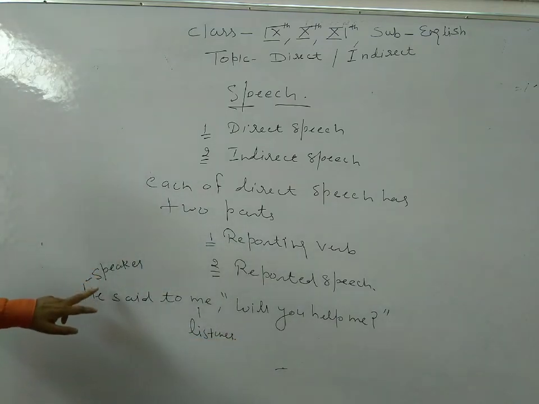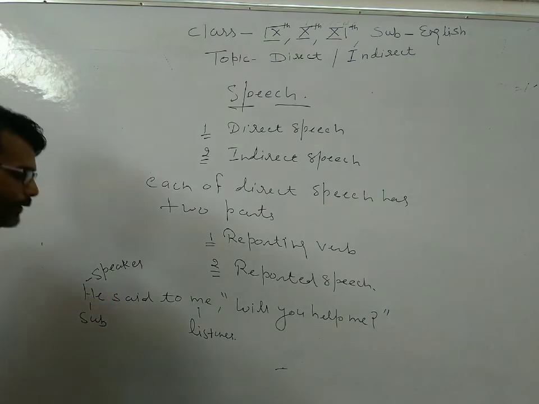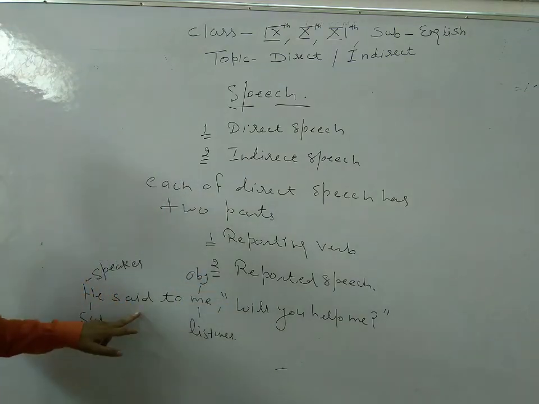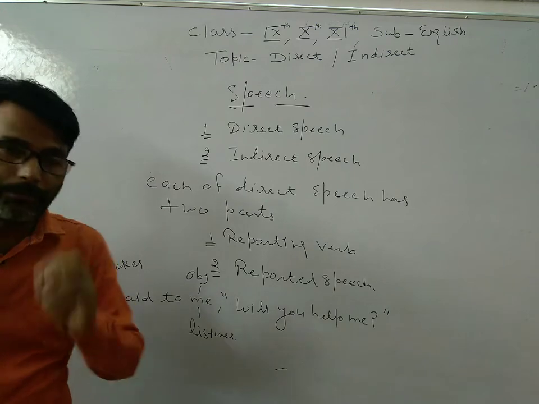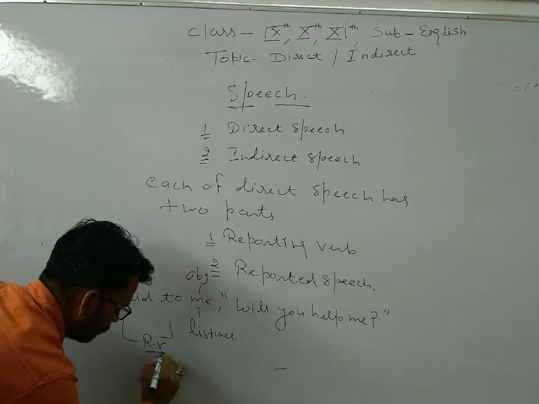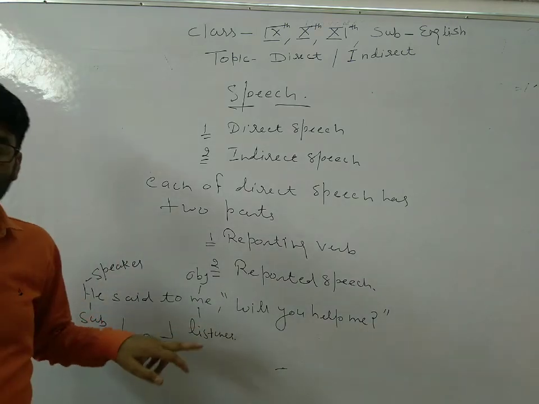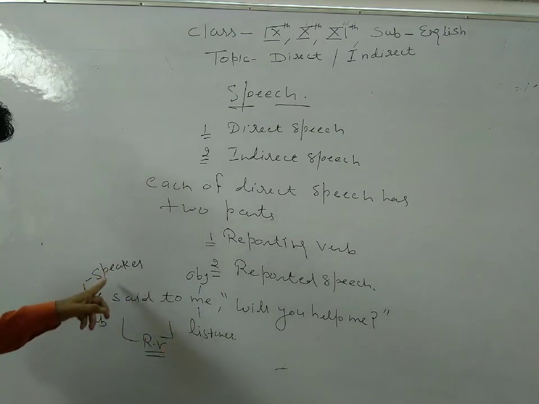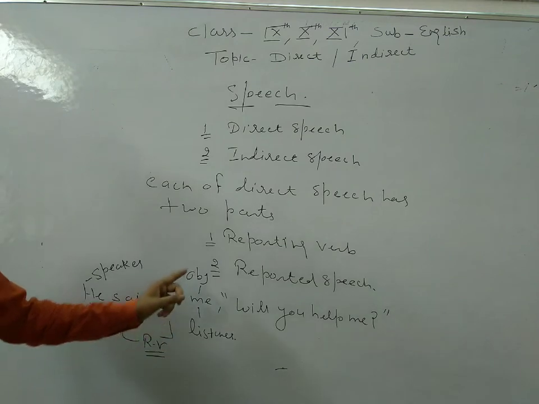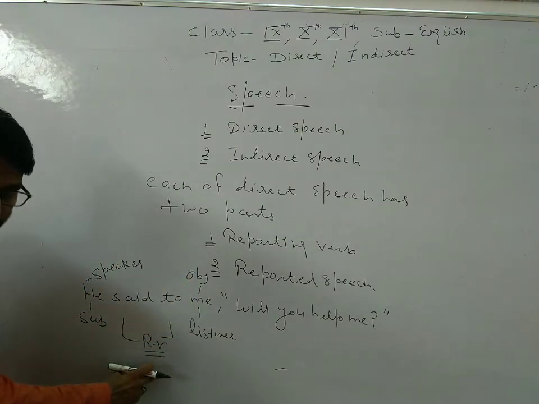The speaker is the subject and the listener is the object. The person who is speaking is called the subject, the person who is listening is called the object, and the remaining part of the sentence is called the reporting verb.